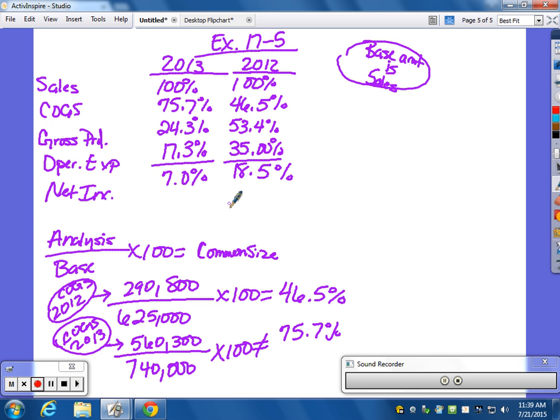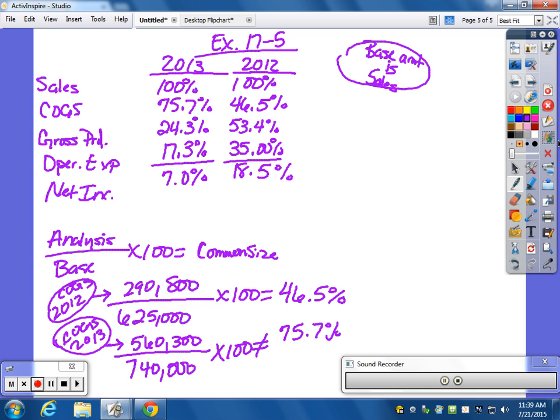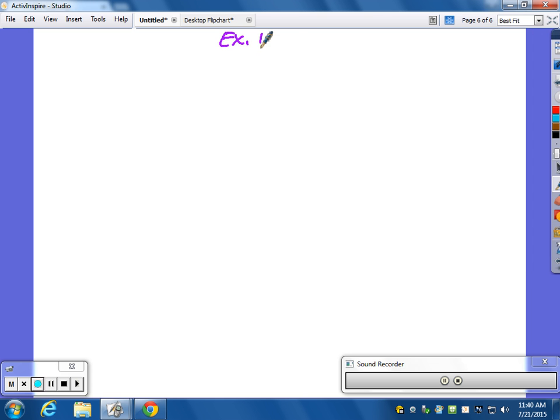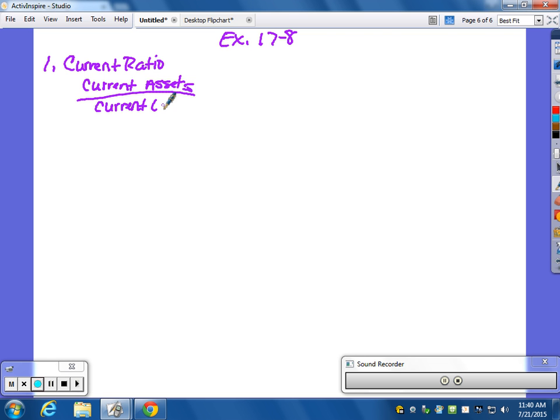Let's start with year 2014 and go down to the older years. We're trying to find the current ratio, which is current assets divided by current liabilities.